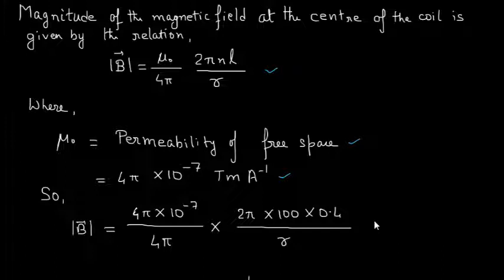Putting the value of mu, n, I and r, we will get the following: 4 pi into 10 to the power minus 7 by 4 pi into 2 pi into 100 into 0.4 upon 0.08.